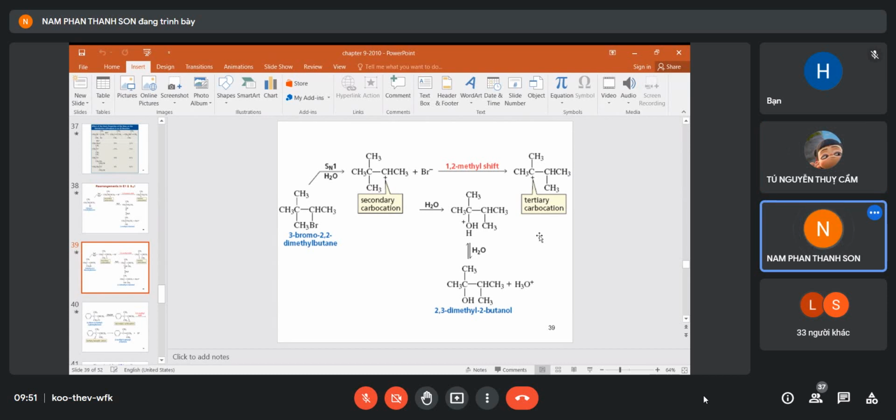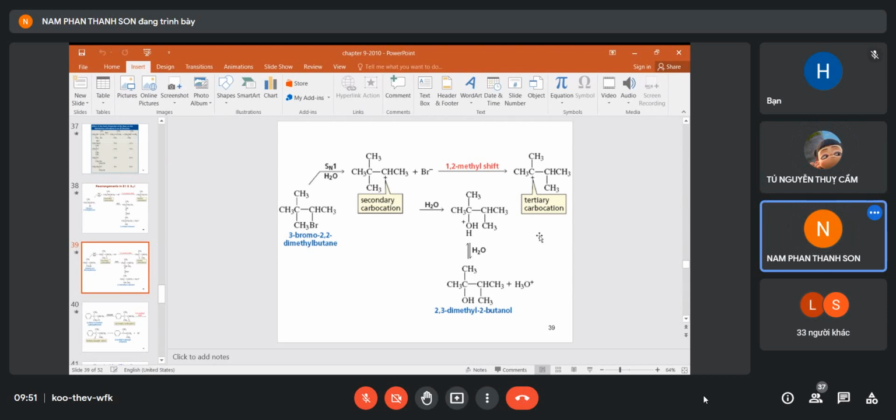How many? Two? Three? Only three? Count it. In the tertiary cation, how many hyperconjugation hydrogens? Just count the hydrogens that can donate electrons by hyperconjugation. The hydrogens on the carbon next to the positive carbon.